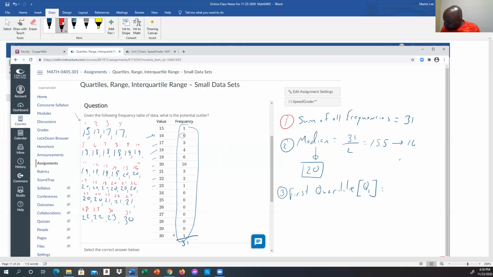That number was 20. Now that I've identified the median, I have 15 numbers below the median, and I'll put parentheses around those. Then I have 15 numbers above the median.